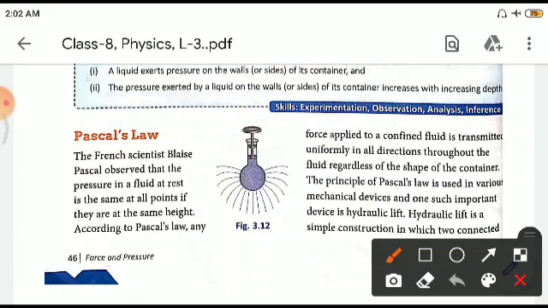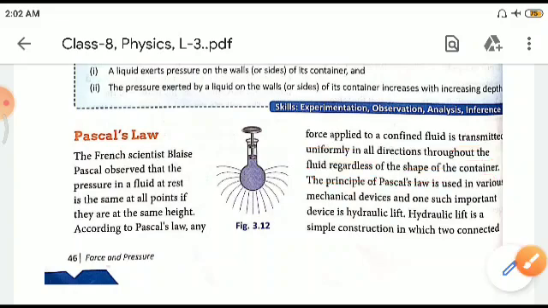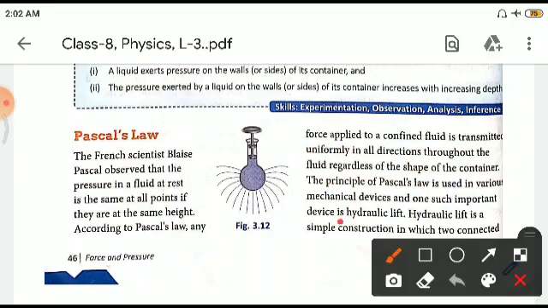This principle of Pascal's law is used in various mechanical devices, and one very important one is the hydraulic lift, right.